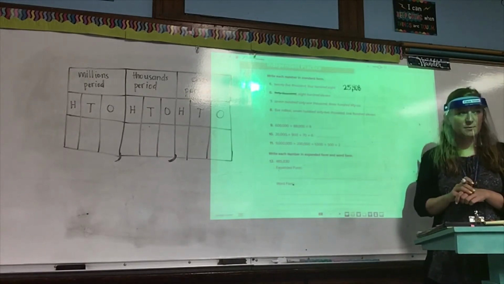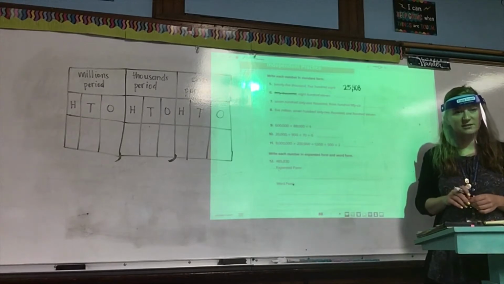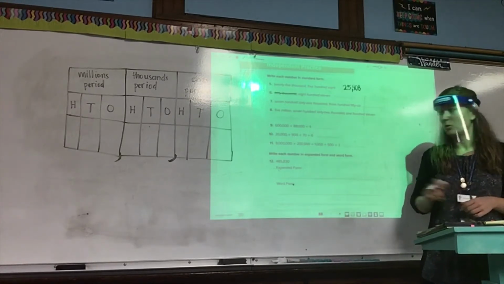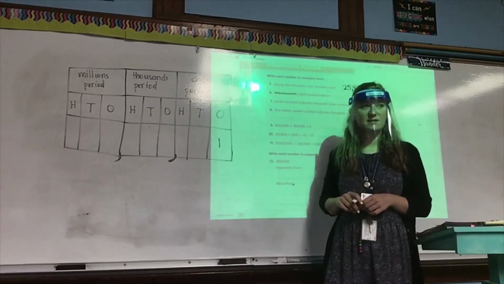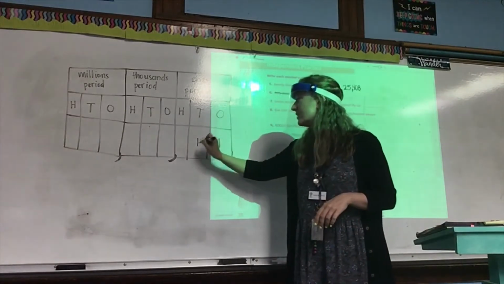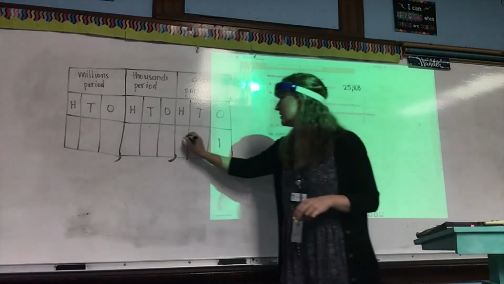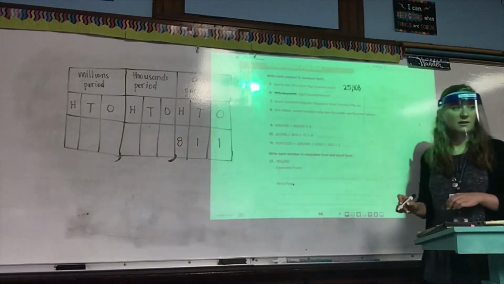Well, think about what that number looks like. What number goes in the ones place in 811? Aaron? 1. What number goes in the tens place in 811? 1. And what number goes in the hundreds place? 8. So Aaron, what are the last 3 digits of our number?